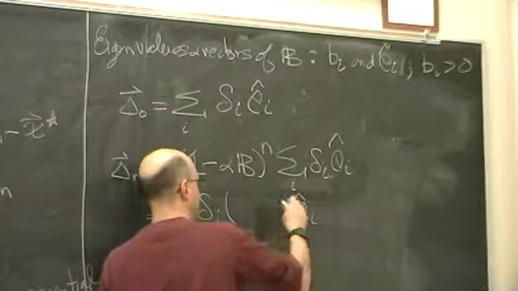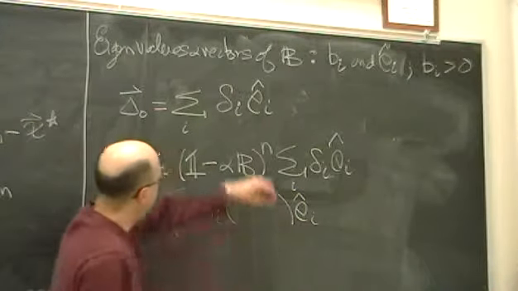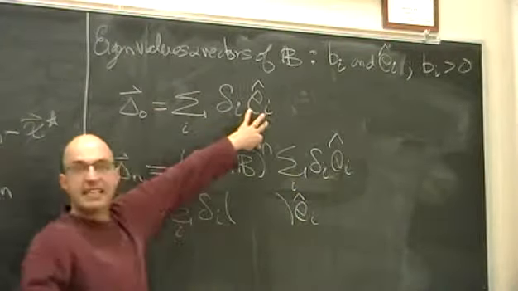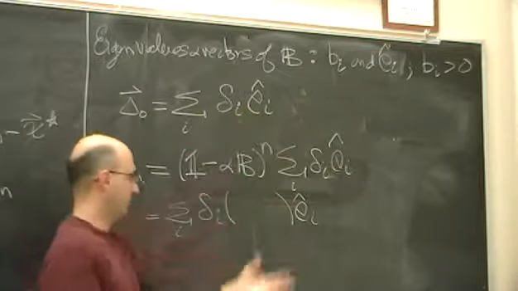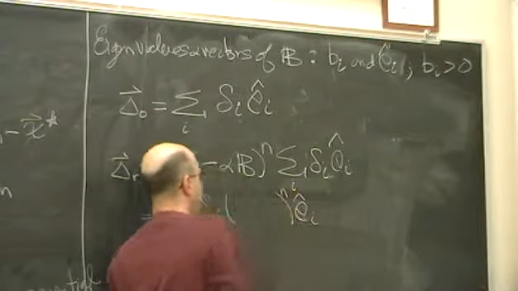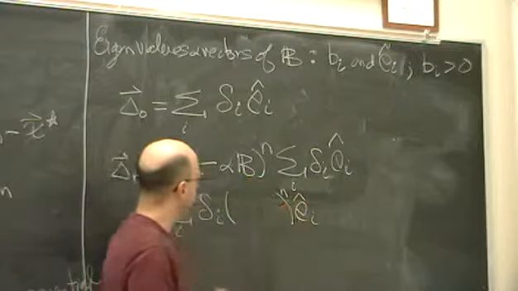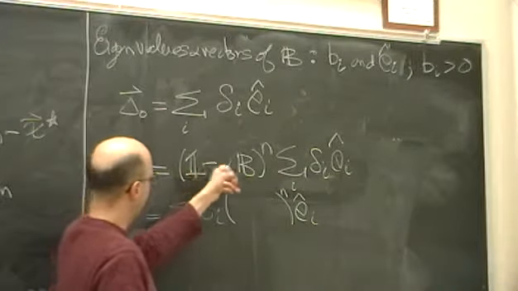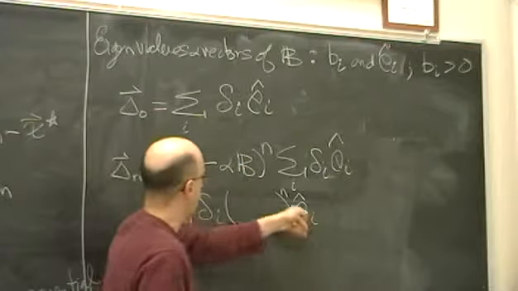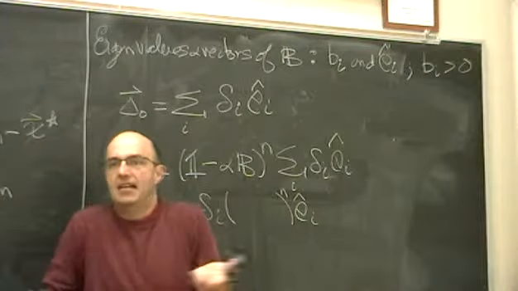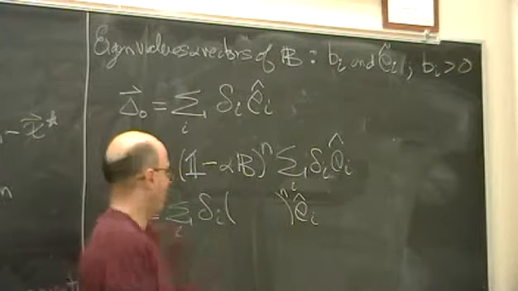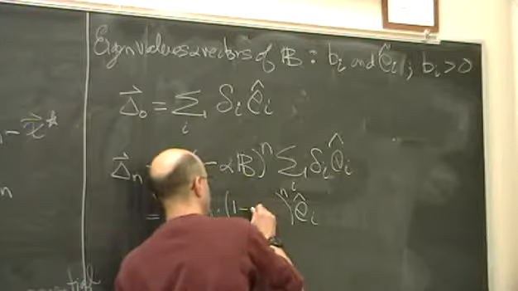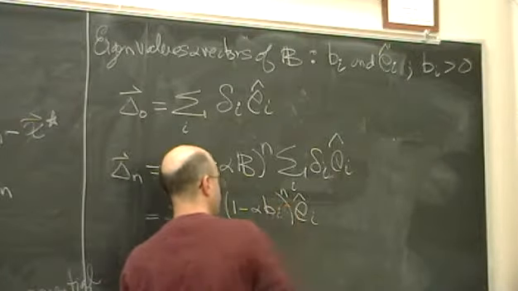And that something will be the same as I do this n times in a row, so it's going to be to the nth power. What that something is, is just some scalar times e_i. Since B acting on e_i is just little b_i times e_i, this is 1 minus alpha b_i to the nth power.